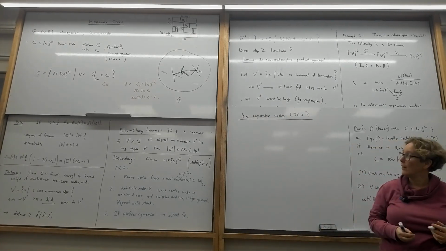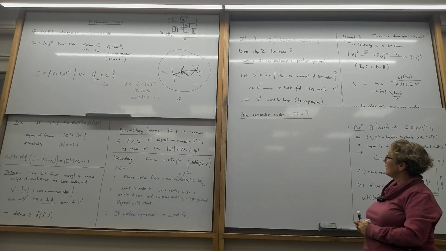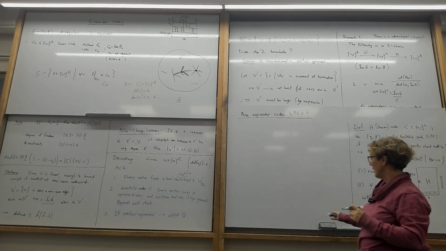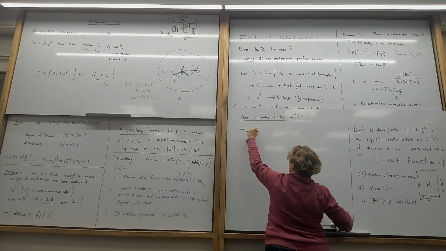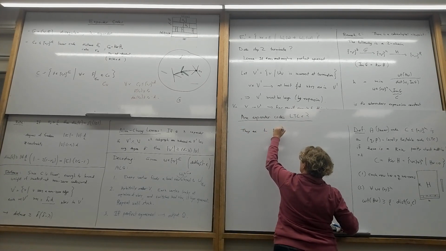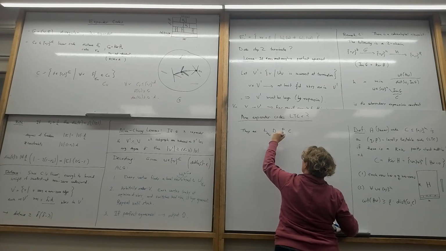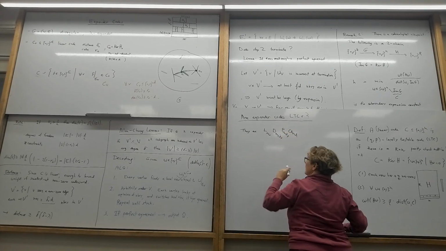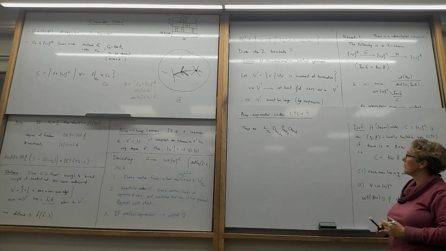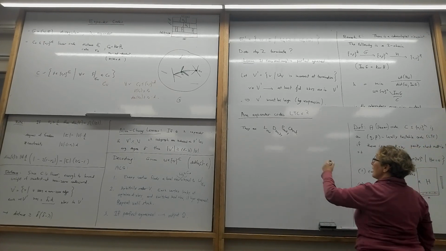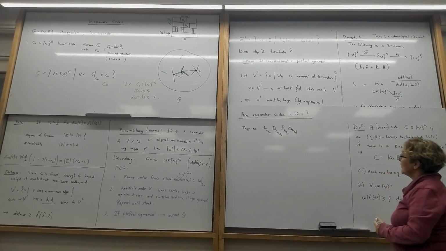We already saw that expander codes have constant rate, constant distance, and constant locality. So they are LDPC, low density parity check, right? Because in the parity check matrix, every row has a constant number of non-zeros. That's nice. But are they locally testable?